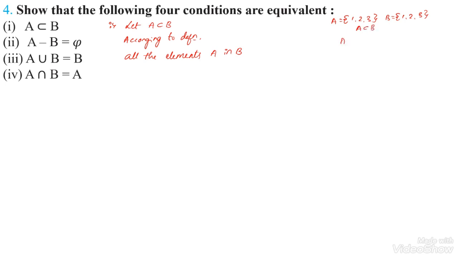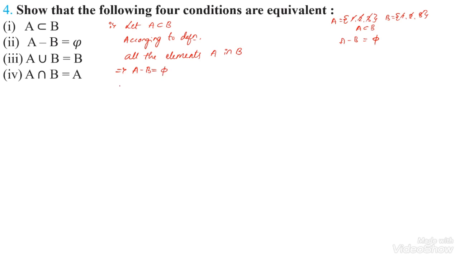According to this, taking A minus B means the difference of sets. According to the definition, for A minus B, first we have to neglect the common elements. When the common elements are neglected, the elements present in set A are empty. In general, if all the elements of A are in B, then A minus B should be the null set.